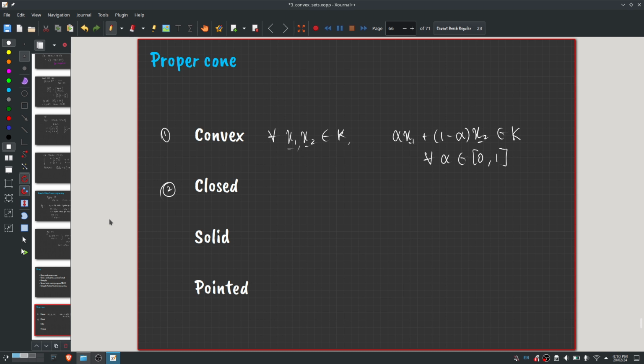Correct. Basically you take a cone, in fact any example that you can think of, and remove some of the boundaries. For example, you could think of the set of all (x1, x2) in R2 such that x1 is greater than 0 and x2 is greater than 0, or x1 and x2 are both equal to 0.